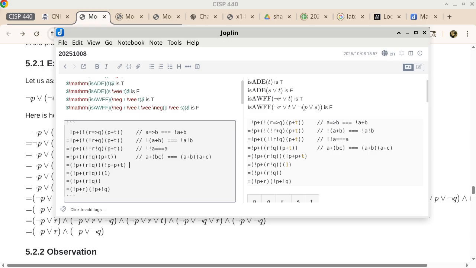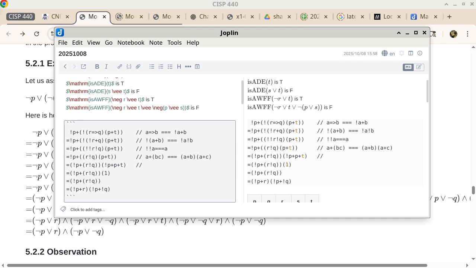Now what about from here to here? What rule did we use? We noticed that we have not P or P over here, so that becomes true. True or whatever is true, so I collapsed this whole thing into just true.